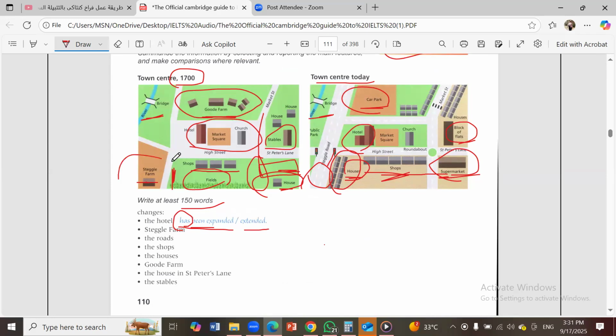Where is it? In the bottom left. Great. If you want to say bottom left, bottom right, top right, top left. Okay? The bottom what? Left. The bottom left.